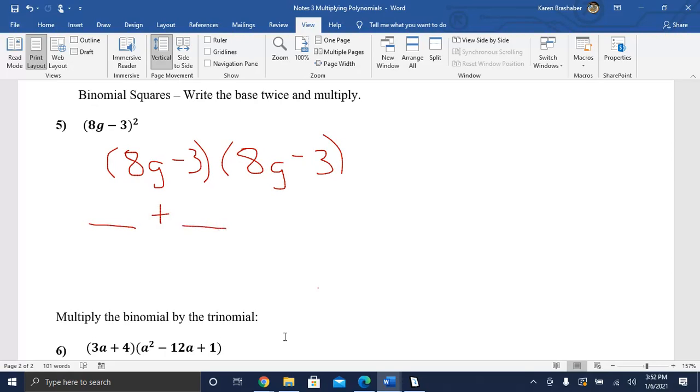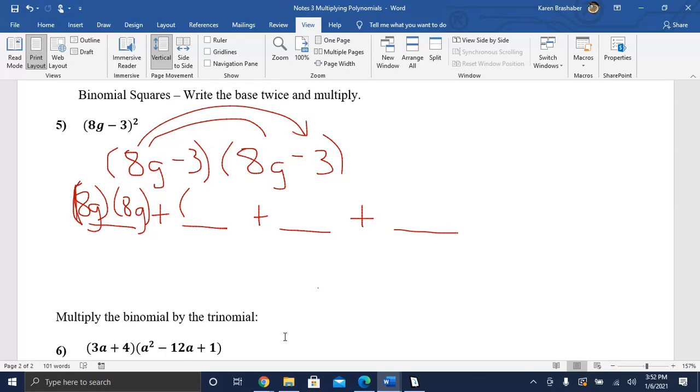So with our 4 terms, our 4 blanks, we'll be taking 8g times 8g. And we'll be taking 8g then times negative 3.